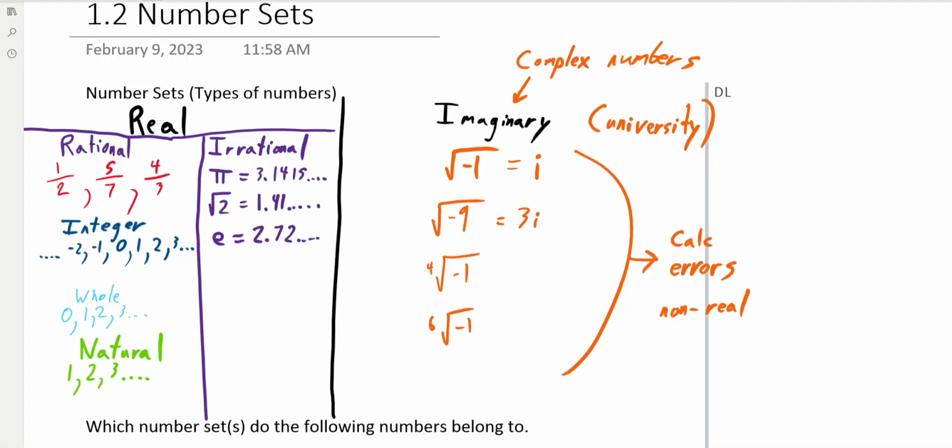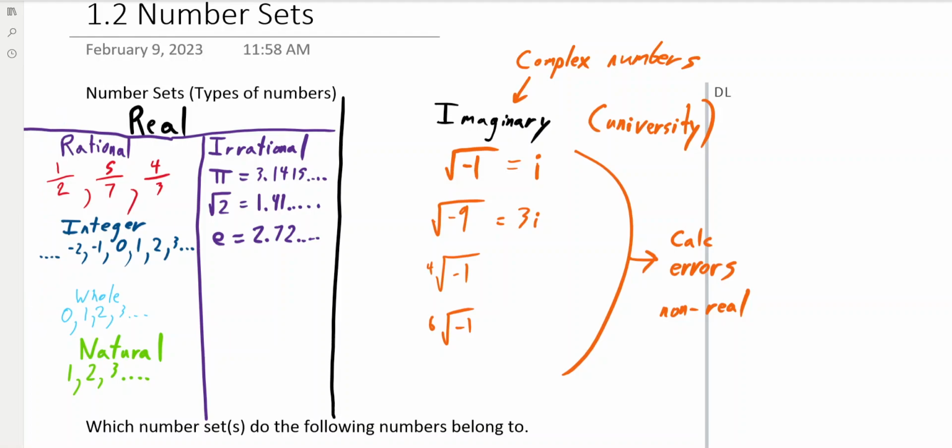Okay, so if it's a natural number, it's automatically a whole number and automatically an integer. If it's a whole number, it's automatically an integer. If it's an integer, it's automatically also rational and real. So if you pick any one of these, it's also everything above it.